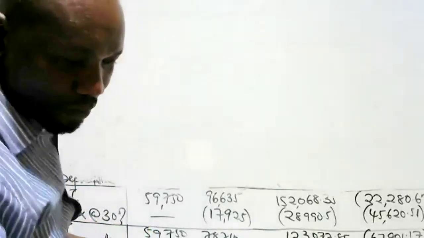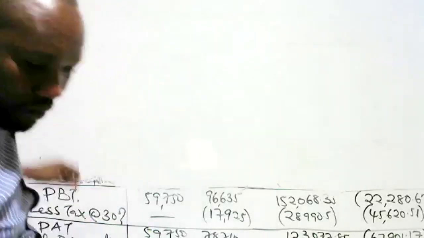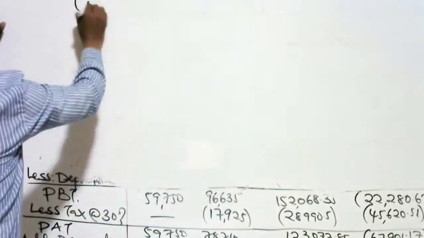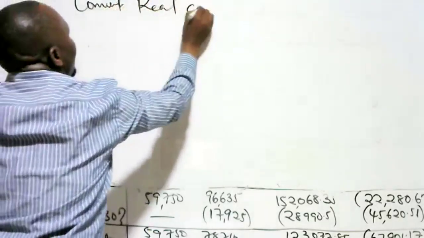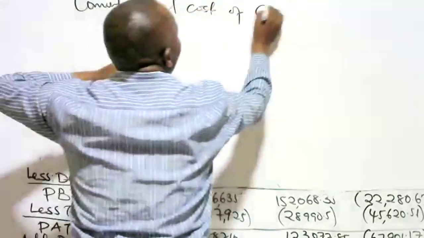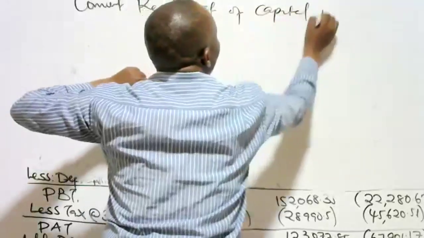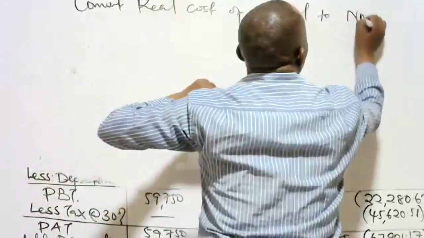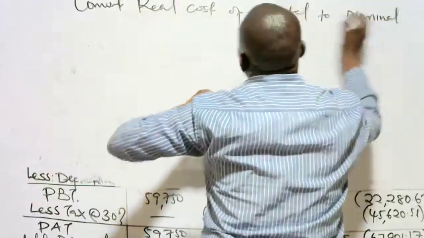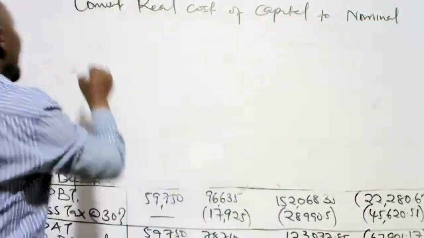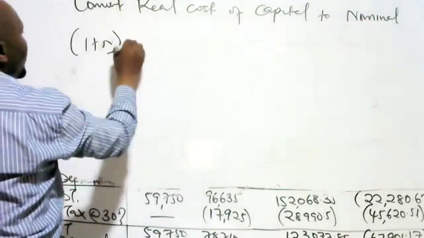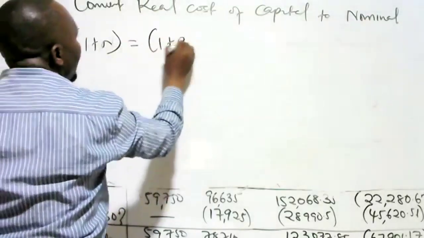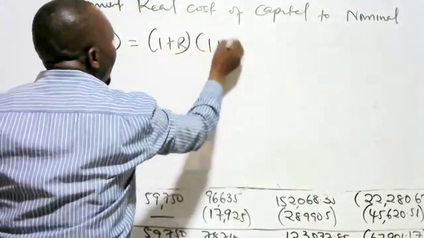So the next step is to convert real cost of capital to nominal. We are told that according to Fisher's formula, 1 plus n is equal to 1 plus r into 1 plus i.